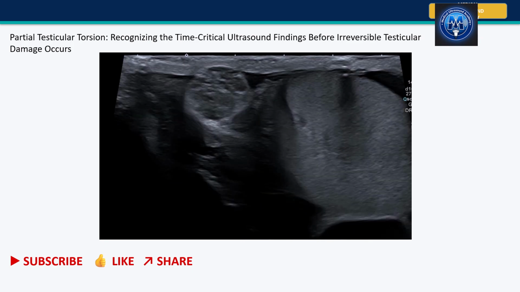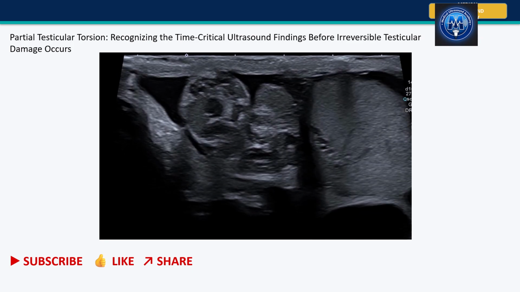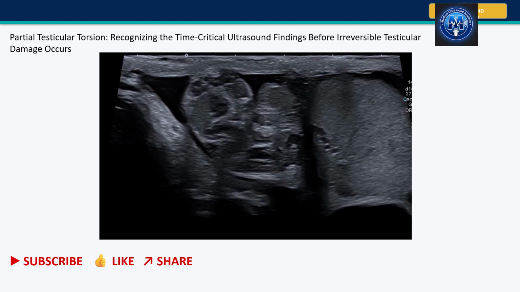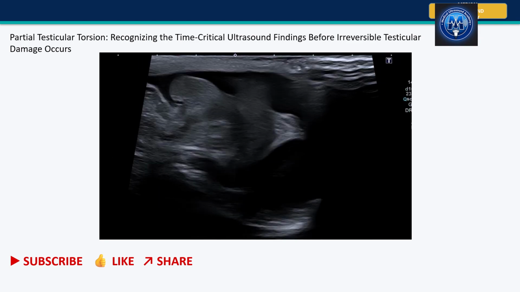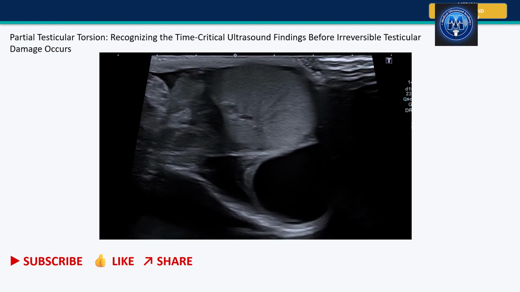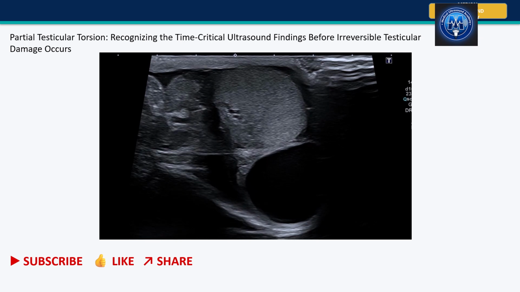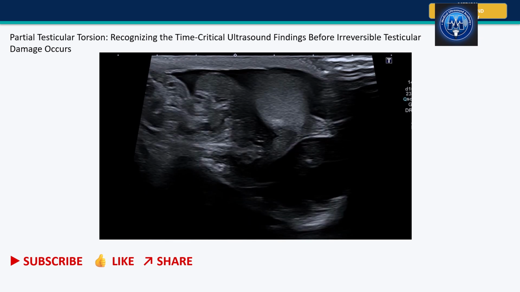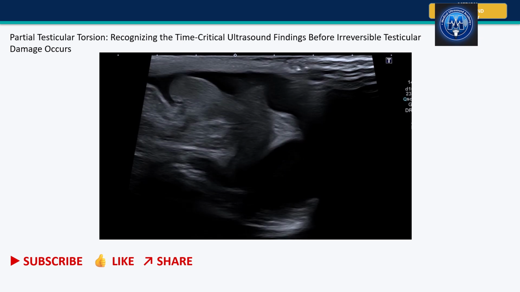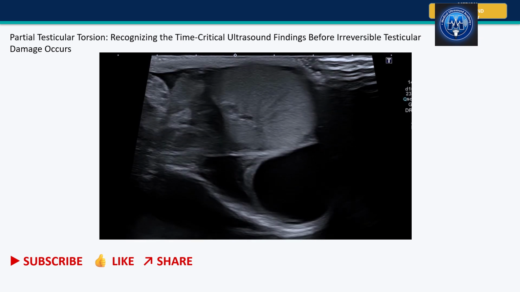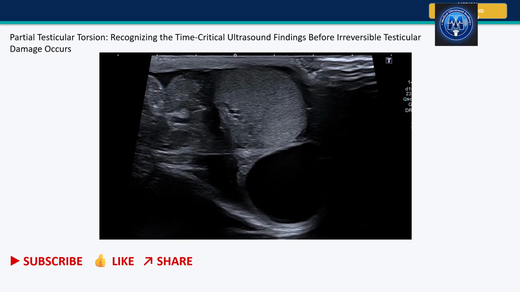So you know now it is bringing unintended consequences. The patient is back now in excruciating pain because the mass effect of the cyst is now causing undesirable consequences, causing the testicle now to twist.